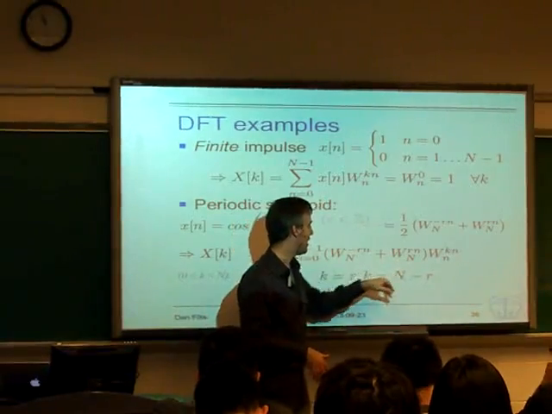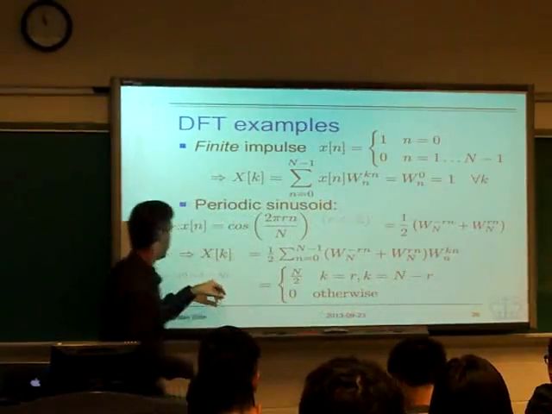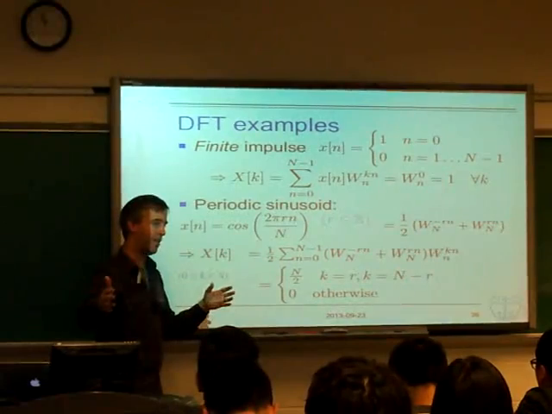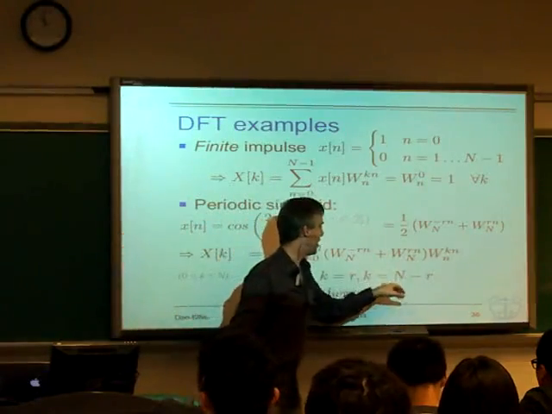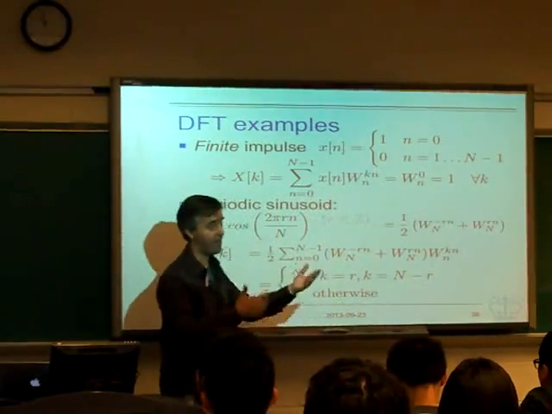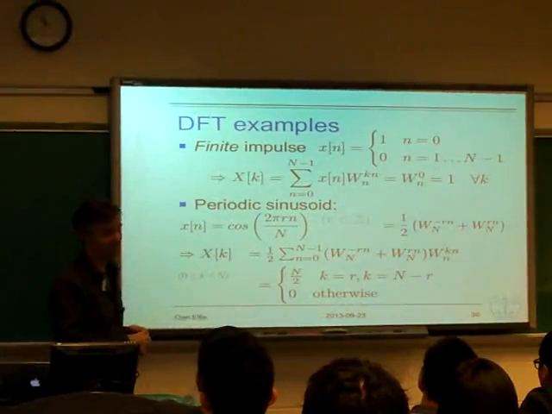So k equal to big N is the value that doesn't occur, but we get back to 0 again because of the periodicity in frequency. So this would be k equal to minus R if we had a minus R in our range.